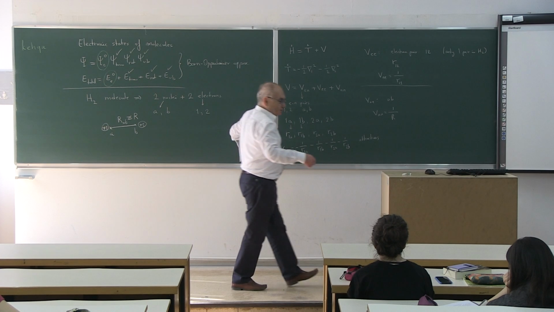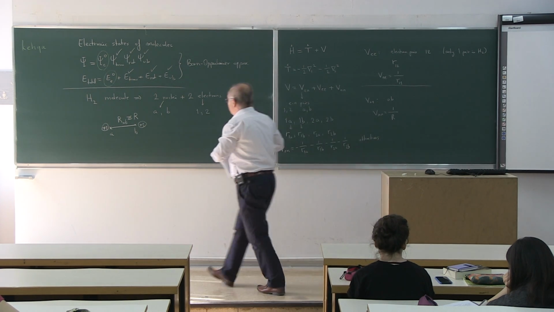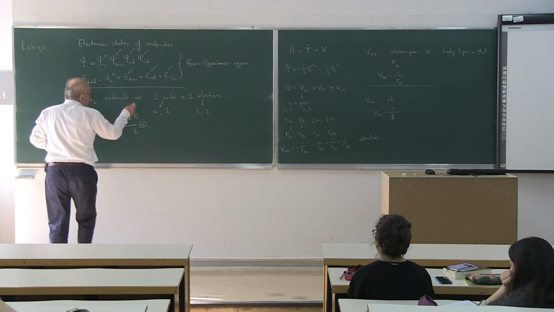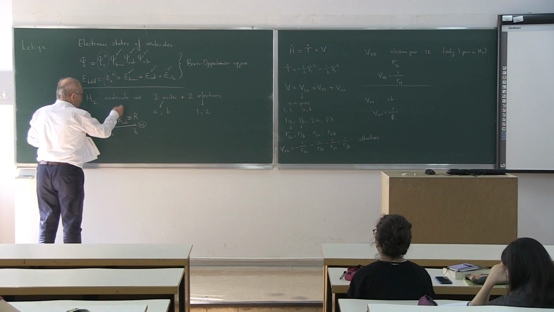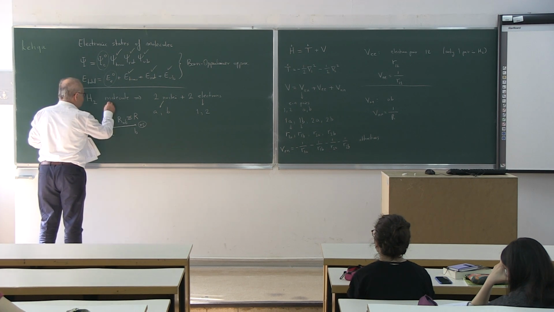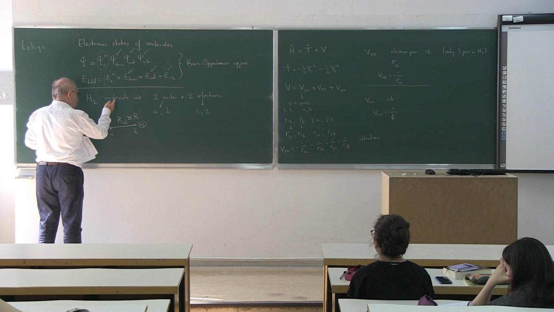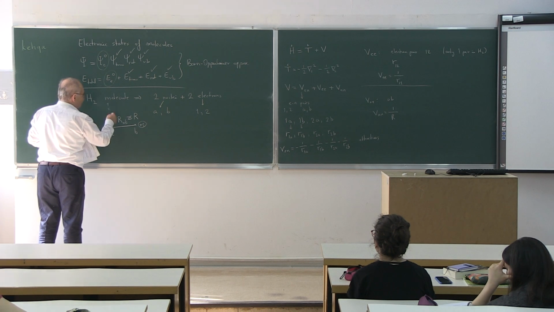Graphically, on the same graph, electron 1 is somewhere around the nuclei. So let's call this electron 1. And the charge on the electron is -1, of course.